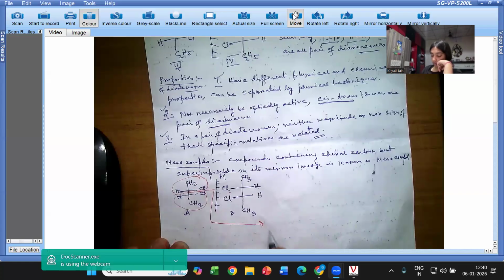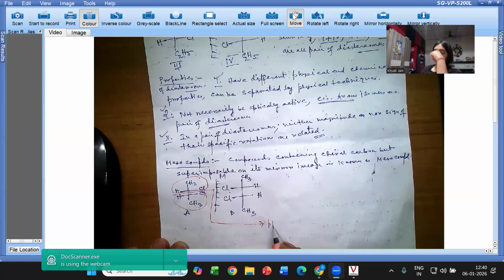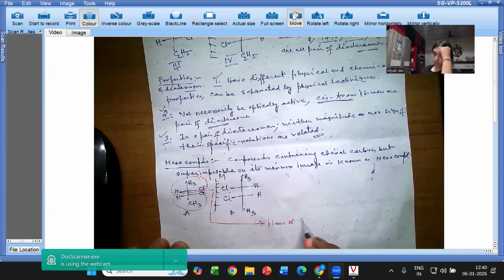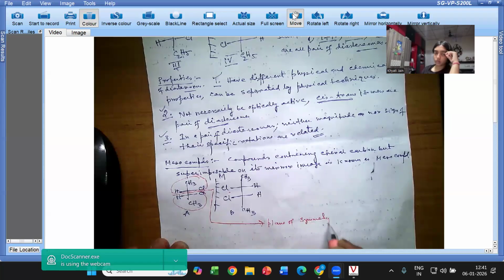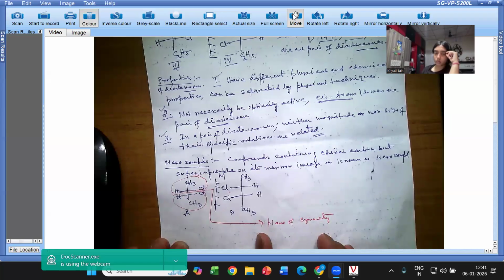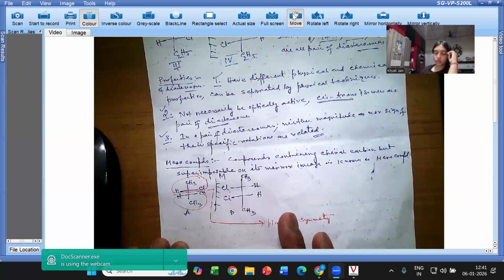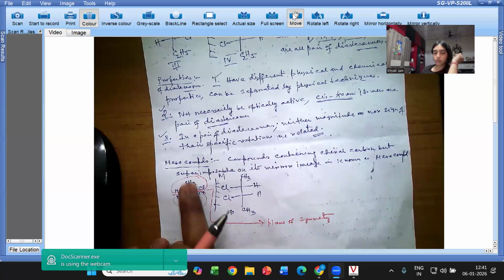This is like a plane of symmetry. Due to the plane of symmetry, this compound is optically inactive, because the plane of symmetry bisects the molecule into two parts in which one part is the mirror image of the other.